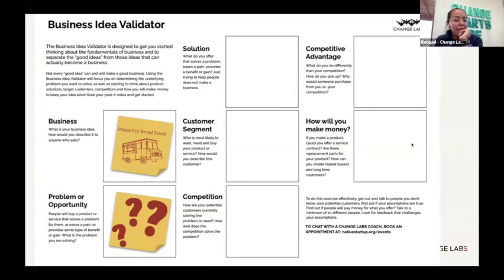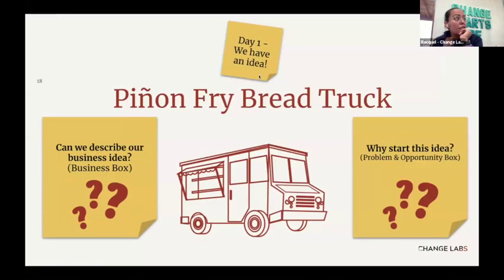And the next slide, these are the two questions that we're going to focus on today. We aren't going to focus as much on the why or how we all got to this point of our ideas, even though it is a really big part of our story. Today we're going to focus on answering these two questions specifically in the two boxes on your worksheet.